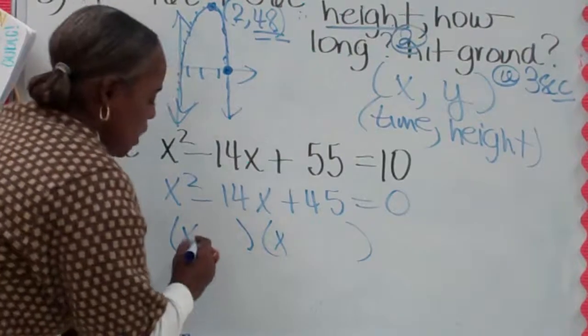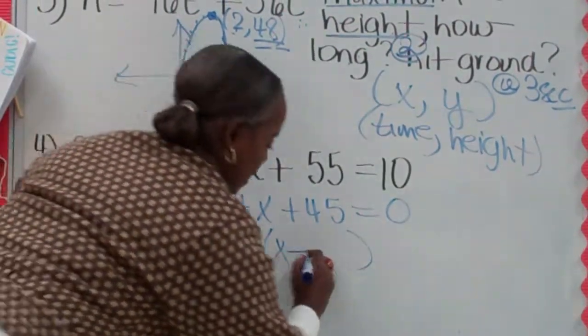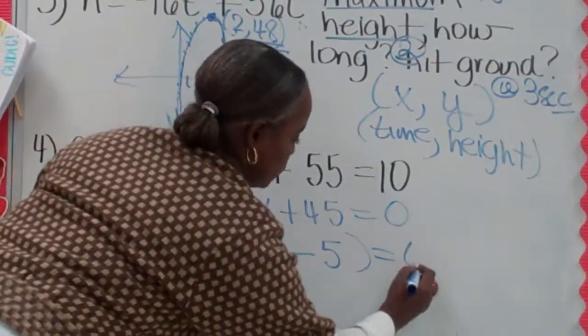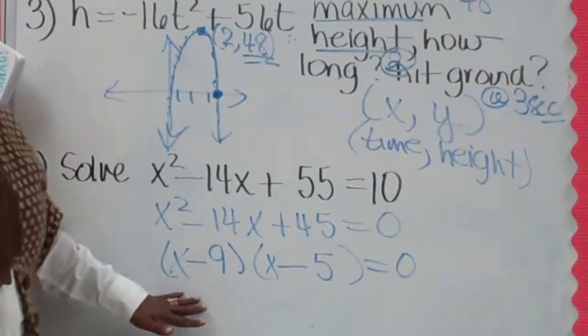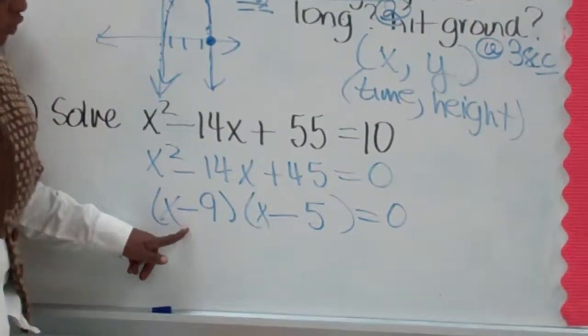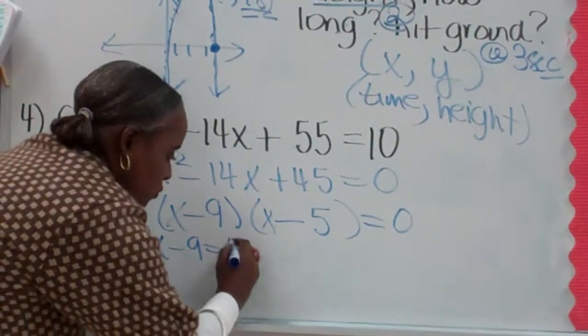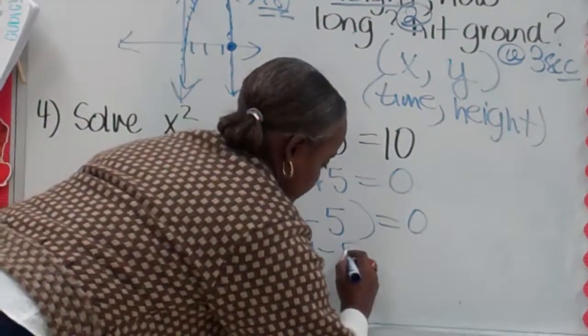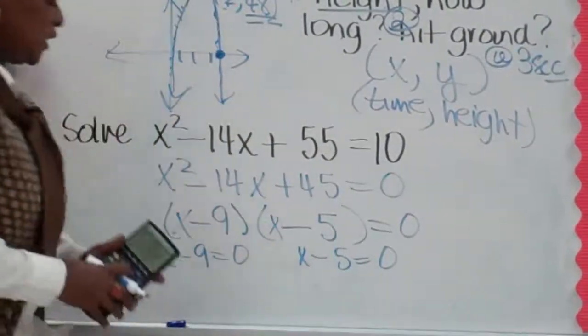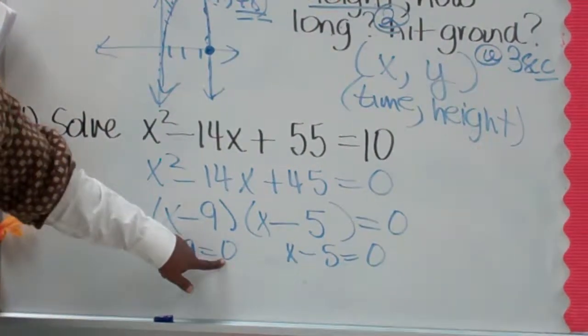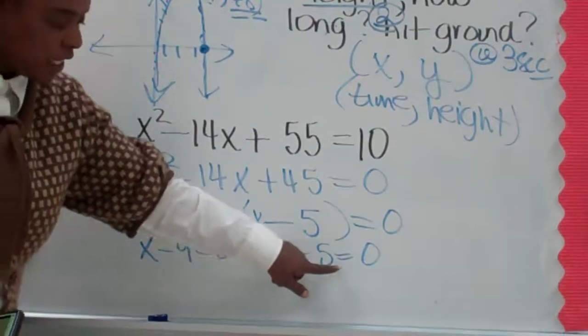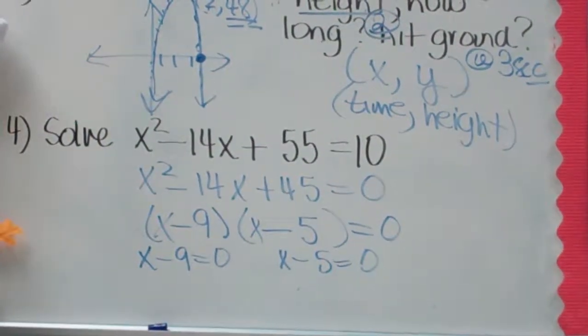x and x, we have minus 9 and minus 5 equals 0. Once you find your factors, you let each factor equal 0. All I did was let this one equal 0, and let this factor equal 0. Now I'm going to solve for x.